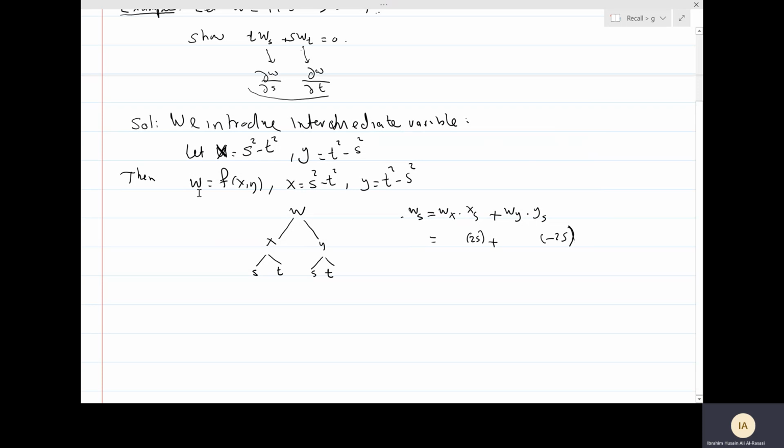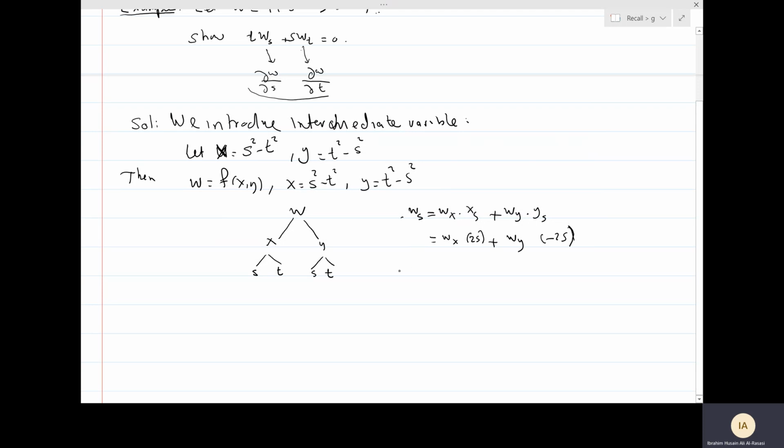If I knew, I could find the derivative of W with respect to X. Since there is no formula for f, I will leave W sub X as it is. The same thing for W sub Y: I cannot compute it, so I leave it as W sub Y. So this is for W sub S.